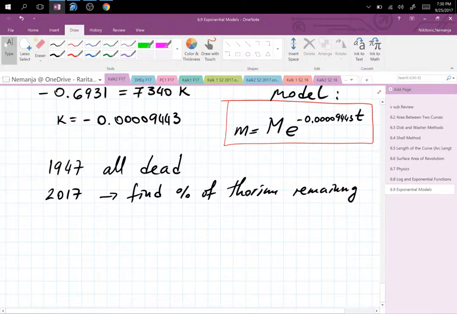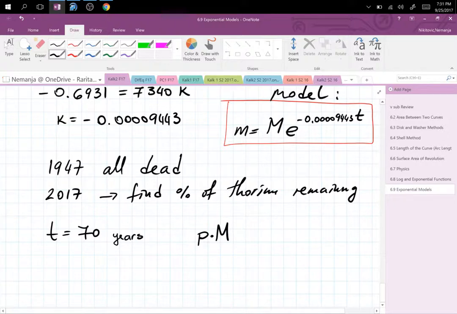So what do we do? Well, time is clearly 70 years. And we are looking for the percent of the thorium remaining, which means that we're going to label it as P times original mass, right?